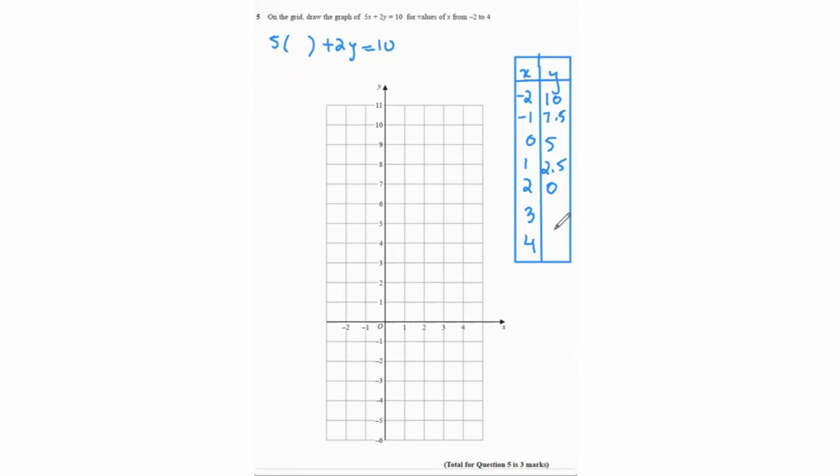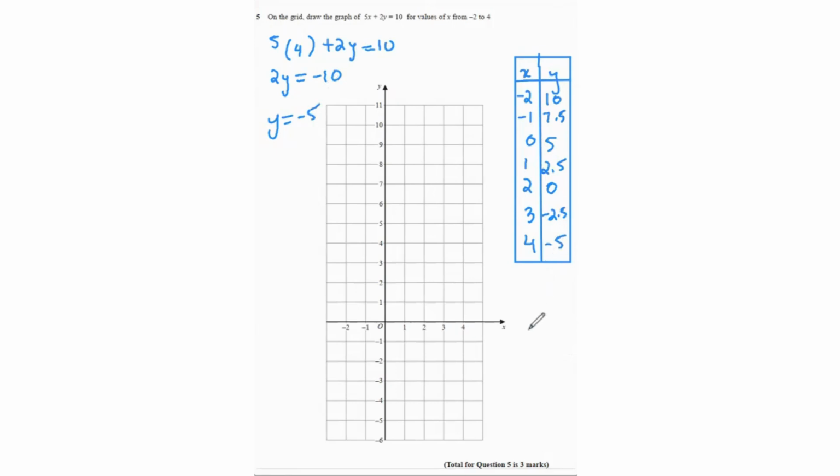When x is 3, y is going to be negative 2.5. And when x is 4, y is going to be negative 5.